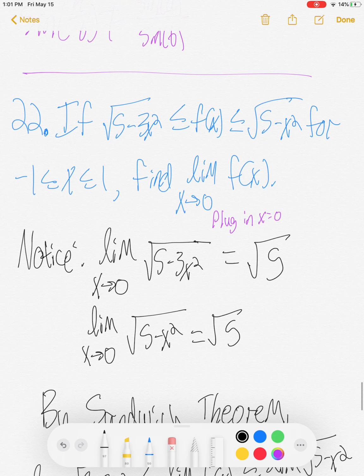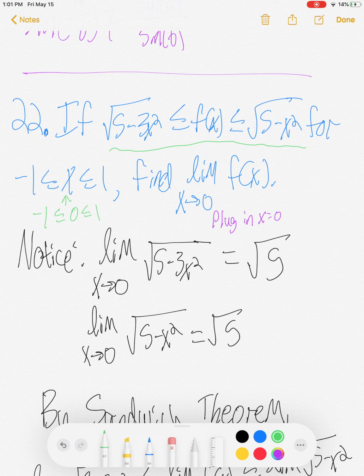The other point that I want to make is that it is important to note that 0 lives between -1 and 1, so it is in this interval here. It is in this interval over which I know this inequality at the top is satisfied.